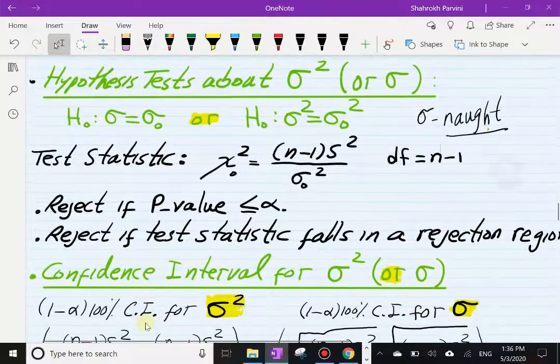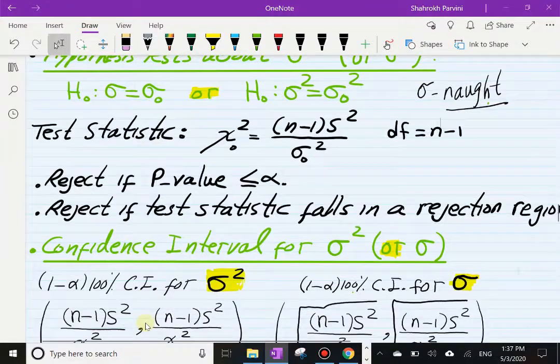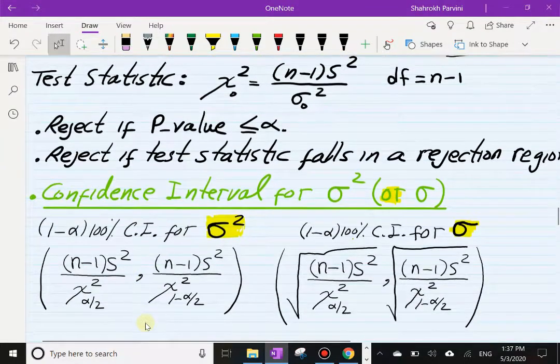Now, how about confidence intervals? To construct a confidence interval for sigma squared or sigma, you have the formulas. The theory actually is established for sigma squared. This comes first. So the lower limit of the confidence interval is given by n minus 1 times s squared over the chi-square value. It looks almost like your test statistic, except down here.